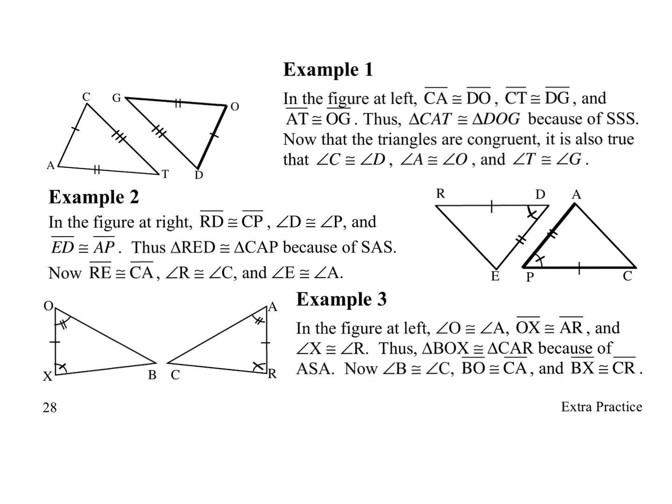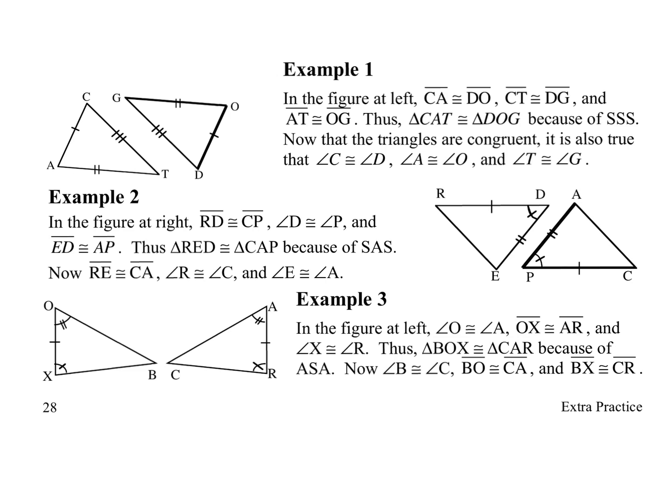Then we can tell that CT is congruent to DG because of these three tick marks that correspond. And we also know that AT is congruent to GO because of the two tick marks. Thus, because of all those three, triangle CAT is congruent to triangle DOG.